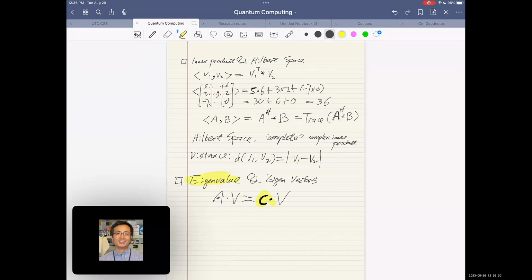The advantage is that you can see the matrix multiplication become a scalar times a vector. Someone in the chat window says Euclidean distance. If it's real numbers, yes.